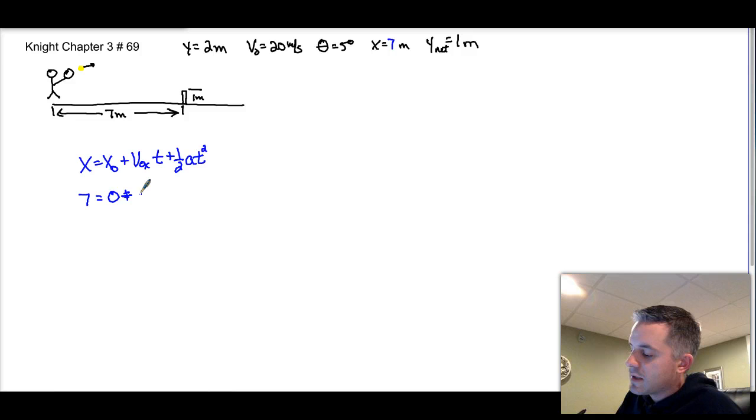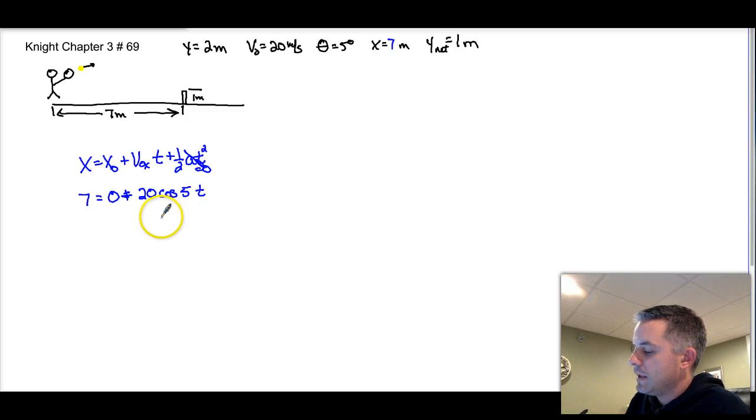Our initial speed is going to be the x component of that speed, so it's 20 cosine of 5, and then times t. The 1/2 a t squared term goes to 0 because there is no acceleration in the x direction, because that x speed component is always constant. So if we do this out and solve for t, we find that t should be 0.351 seconds.